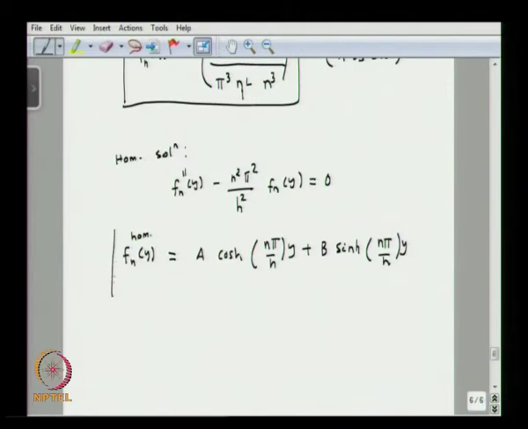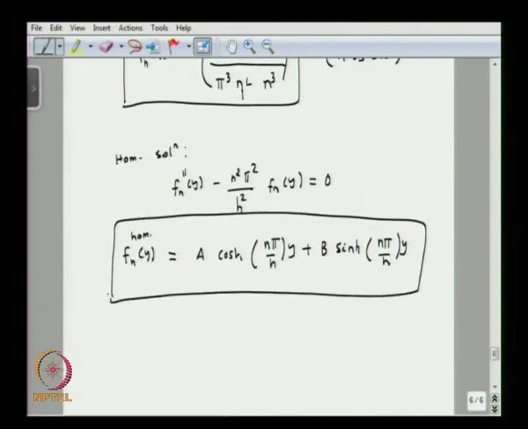Okay. So, this will be the homogeneous solution.